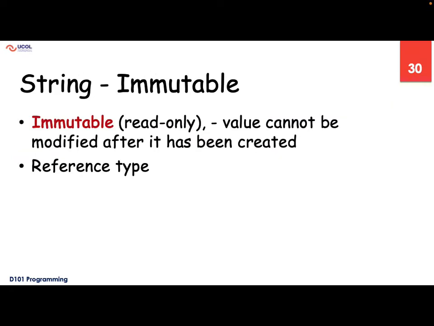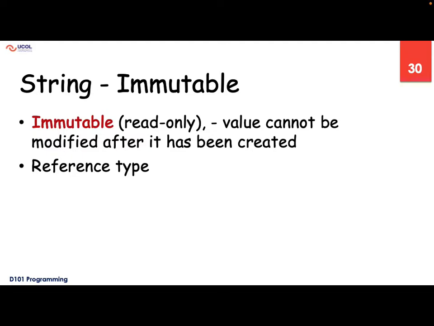String is immutable. String is a class type variable, it is passed by reference, but the point is it is immutable. String is always read only. Whenever you say string s is equal to something, it creates that particular string reference type and assigns it to the variable s. But next time when you say s plus equal to this, you are concatenating another string into that one.